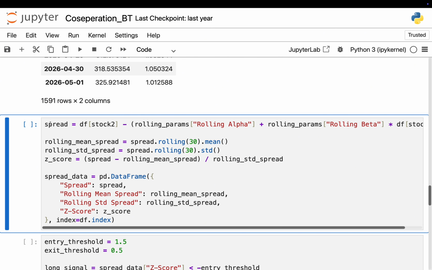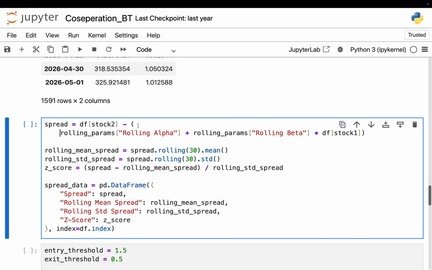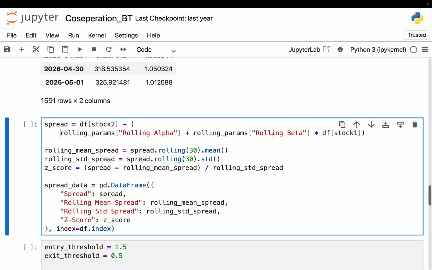The spread is how far stock 2's actual price deviates from where the regression says it should be, the residual. Recomputed daily using rolling alpha and beta. We z-score that spread over a 30-day rolling window.